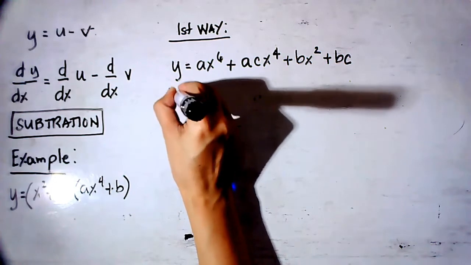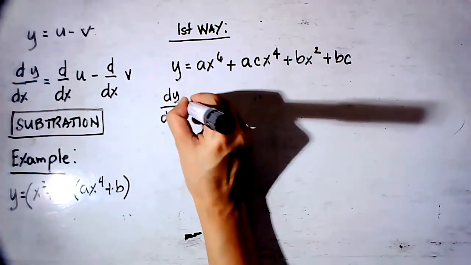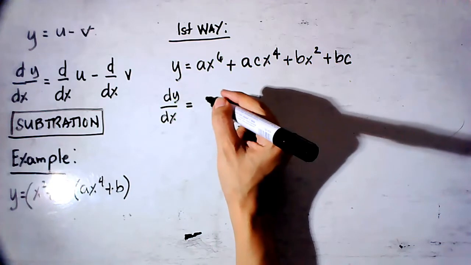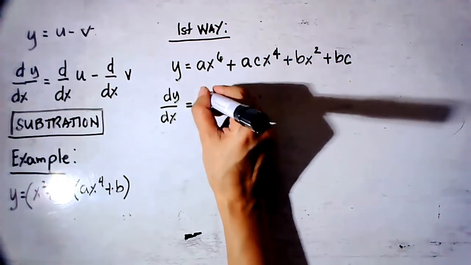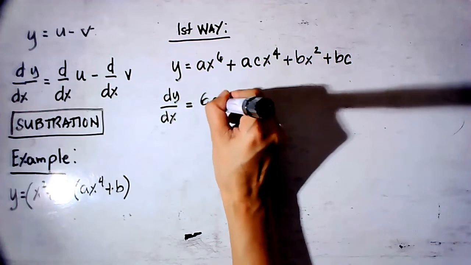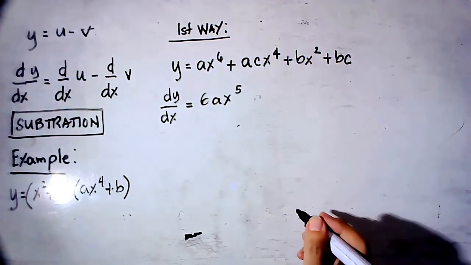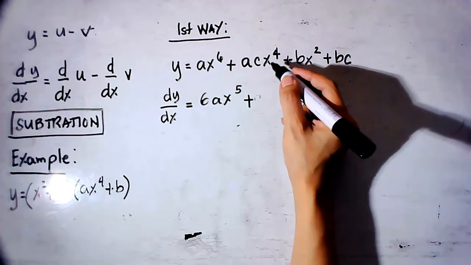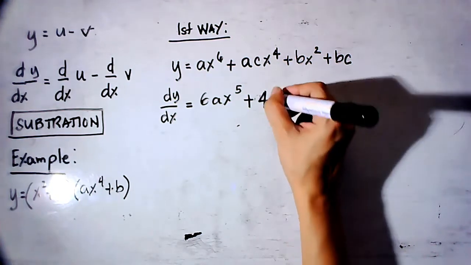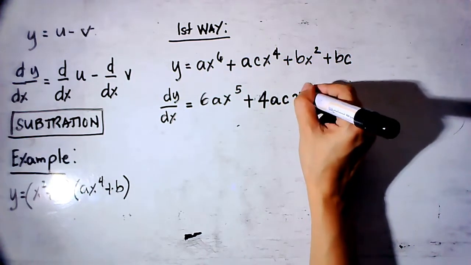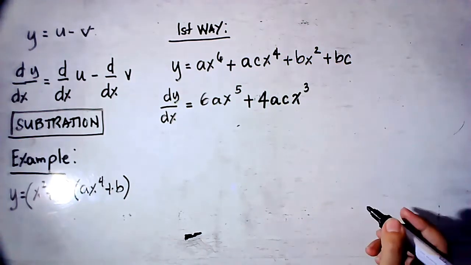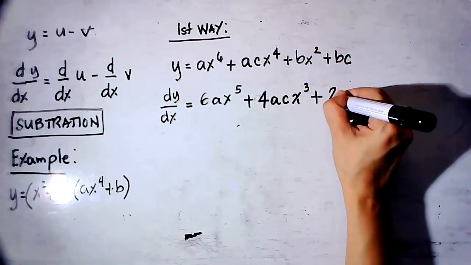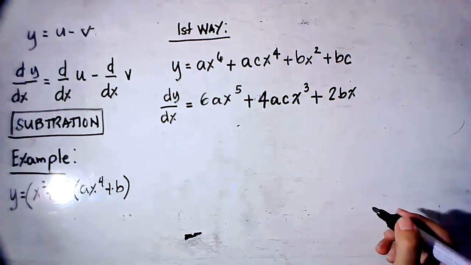So once we differentiate here, that is d/dx of y, the derivative of ax to the sixth is equal to 6ax to the fifth power, plus the differential of ax to the fourth is simply equal to 4 times a times c, then x raised to the third power, plus the derivative of bx squared, that would be 2 times b times x.